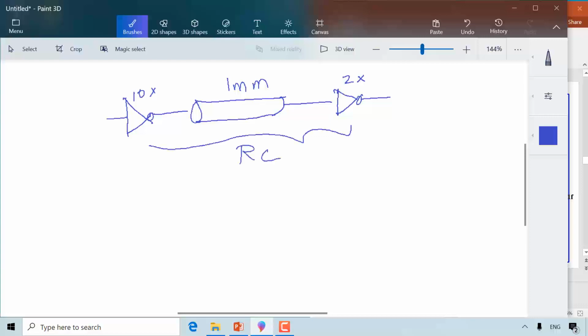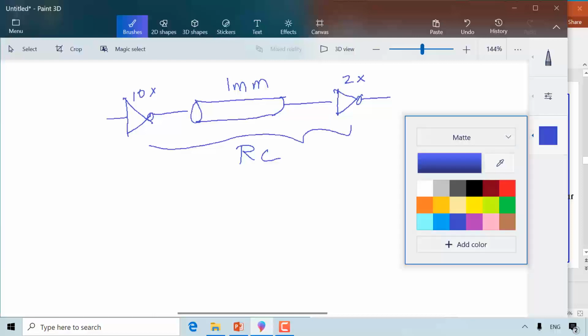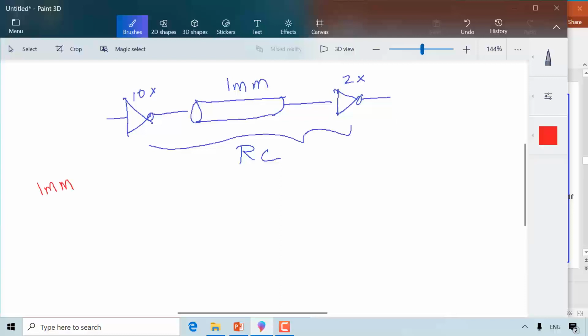For this wire, I know that for 1 millimeter, the resistance equals 800 ohms, and the capacitance is 0.2 picofarad.